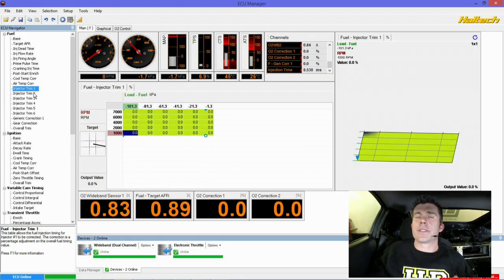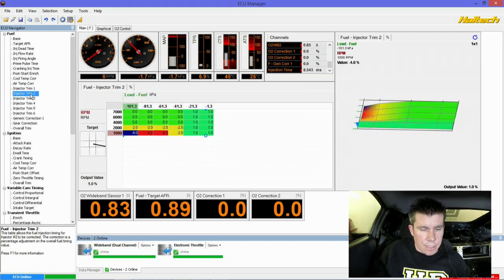And what we found with this particular engine was, particularly down near closed throttle, we actually had a little bit of a variance from bank to bank. And while it was nothing to worry about, it was no more than a few percent, because we have the ability to trim that, I went through and did that. And what you can see is we've got our injector trim tables for cylinders 1, 2, 3, 4, 5 and 6.